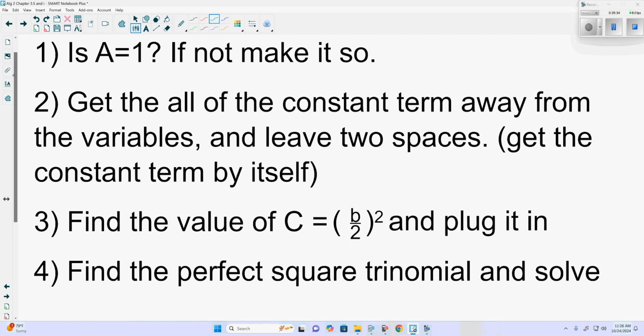So the perfect square trinomial is our set of parentheses squared. So all that step is saying is we get it rewritten as a single set of parentheses being squared, and then we solve by using the square root method.